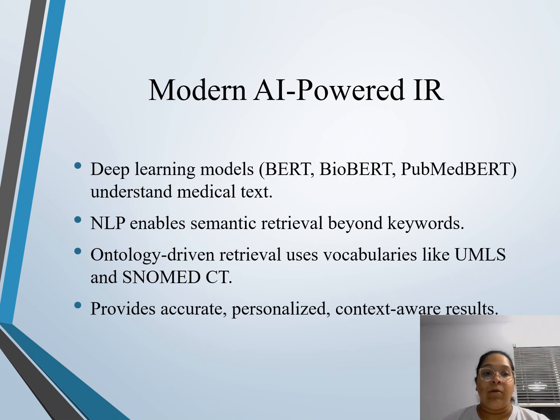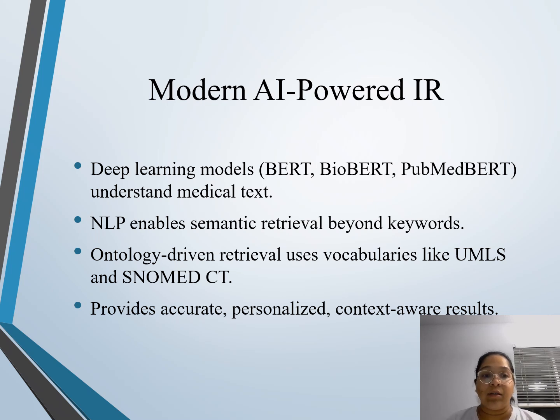Now let's see modern AI-powered IR. Modern IR systems go beyond keywords. They use artificial intelligence and natural language processing. For example, transformer-based models like BERT, BioBERT, and PubMedBERT understand medical context.